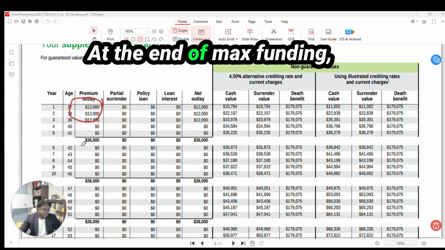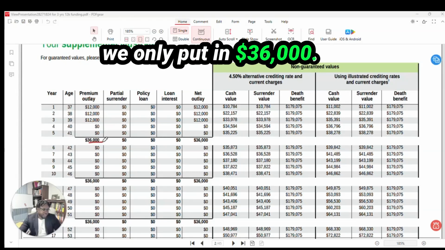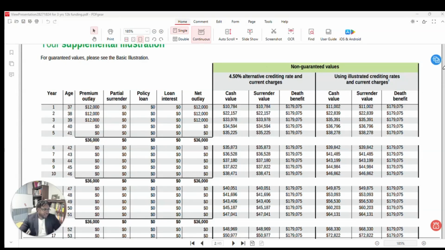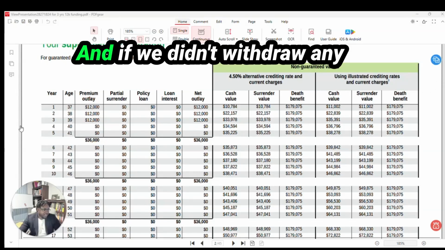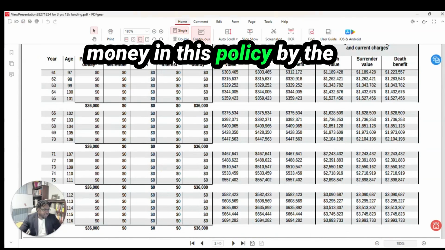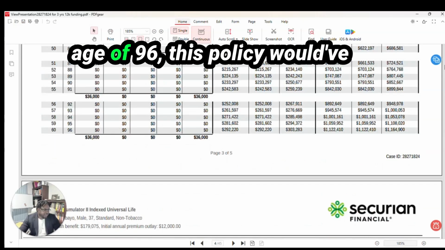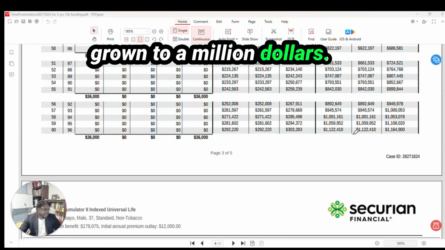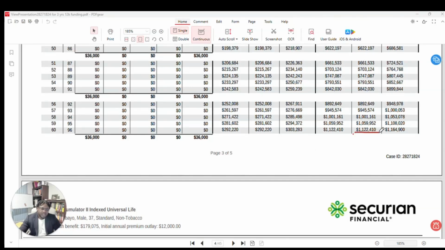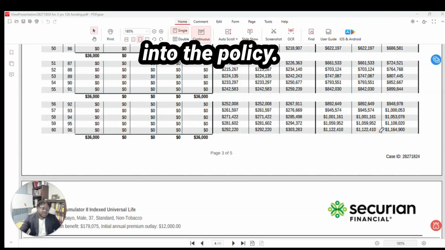At the end of max funding, we only put in $36,000. And if we didn't withdraw any money in this policy by the age of 96, this policy would have grown to $1 million. And we only put $36,000 into the policy.